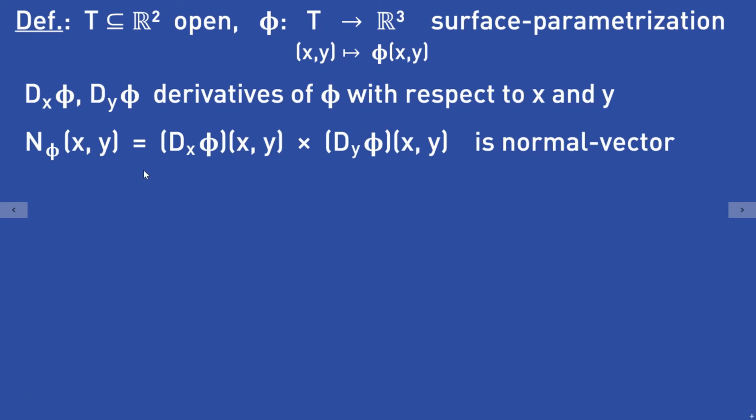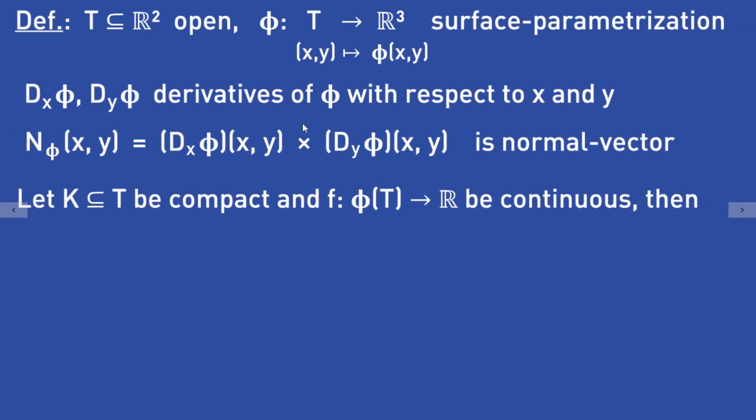N phi of x, y is the normal vector that is orthogonal to dx phi and dy phi. So n phi of x, y is the cross product of dx phi and dy phi. This cross here denotes the cross product in R3.